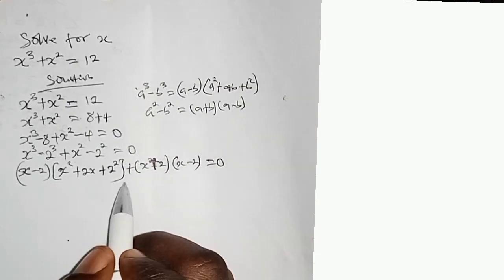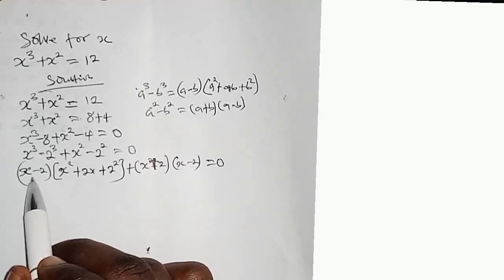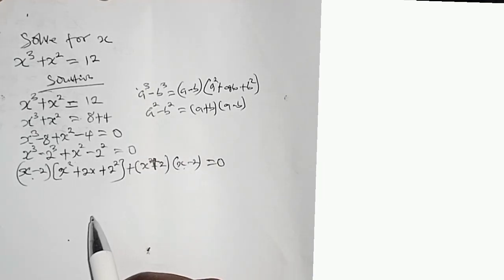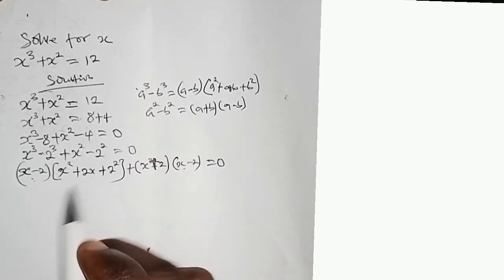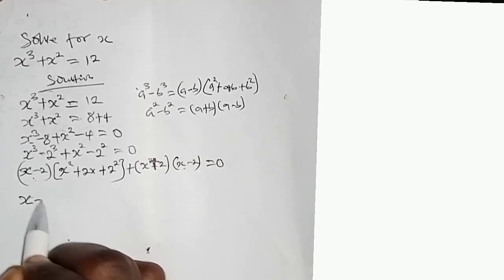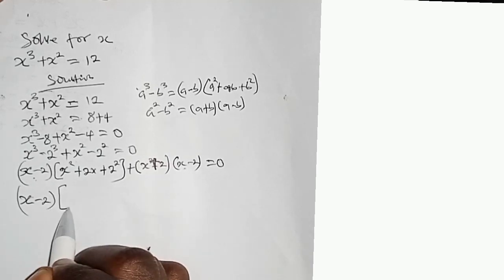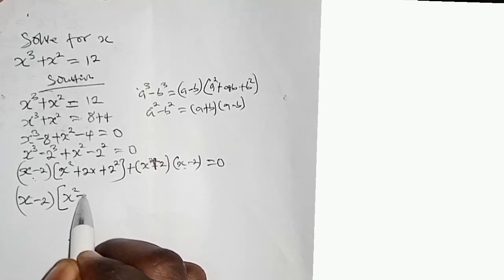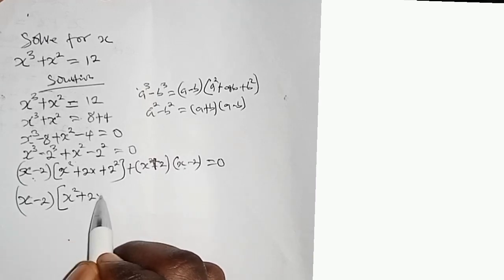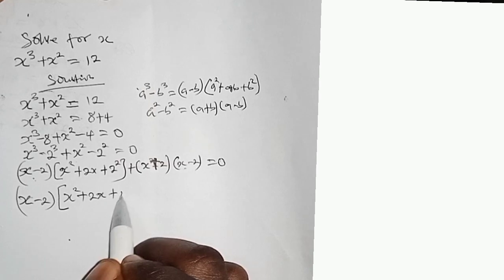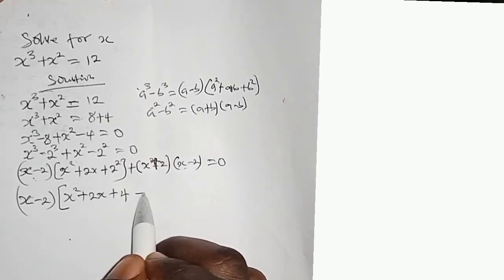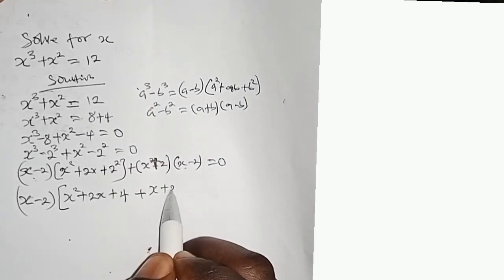Moving further, I can go ahead and factorize x minus 2, because if you watch, x minus 2 is common. So I'll factorize that x minus 2 out, and I'll write x squared plus 2x plus, I can simplify this, this is 4, and then plus x plus 2.